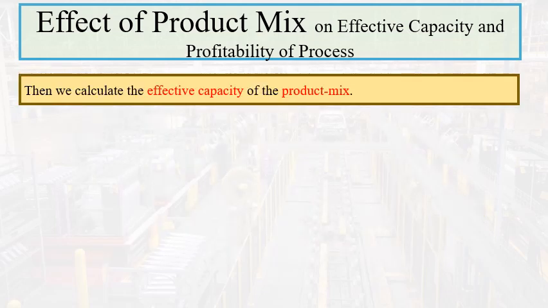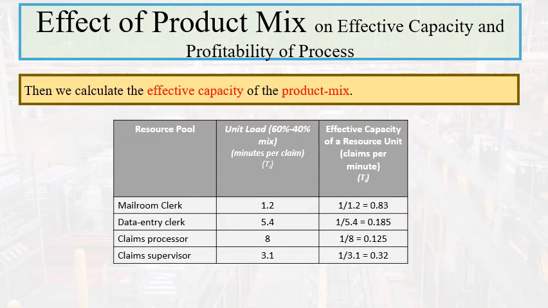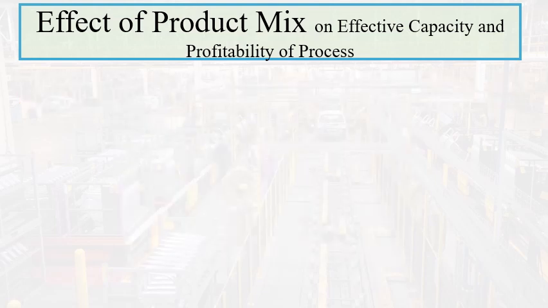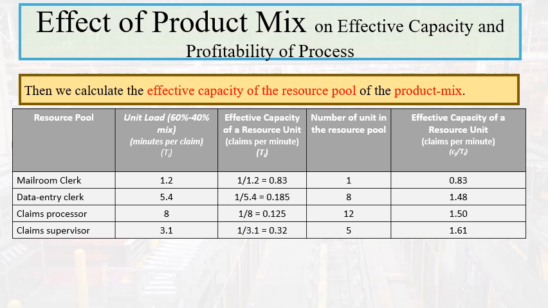So now we've calculated the effective capacity for each resource pool for that product mix. Again, we're following the same procedure we did for the examples we've done before. Now this slide gives you a better understanding how it's done.